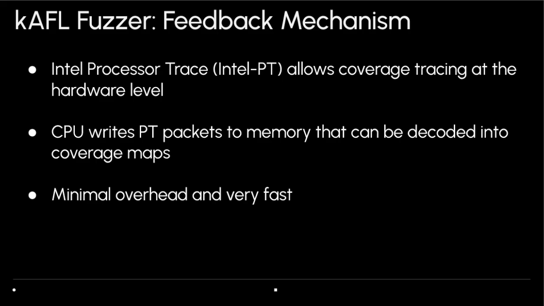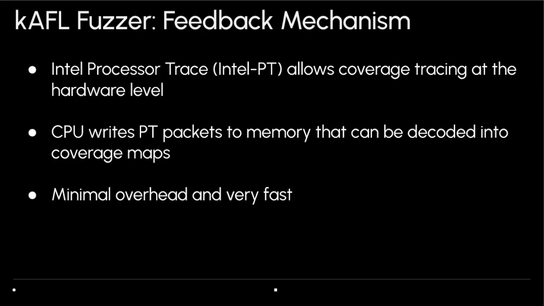The second key building block is Intel Processor Trace. Intel PT is a hardware feature built into modern Intel CPUs that records the control flow of executing code. Every branch taken, every call, every return, as a stream of compressed packets that gets written directly to a memory buffer. The CPU does this entirely in silicon with minimal performance overhead, and this is kAFL's core insight.